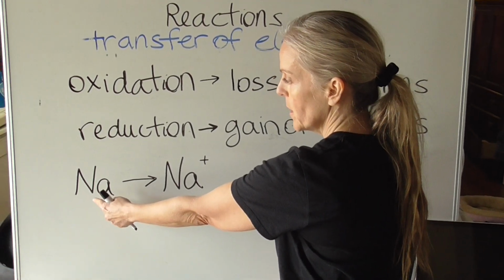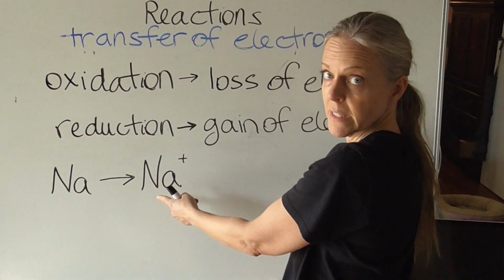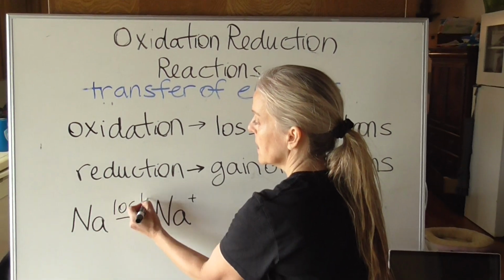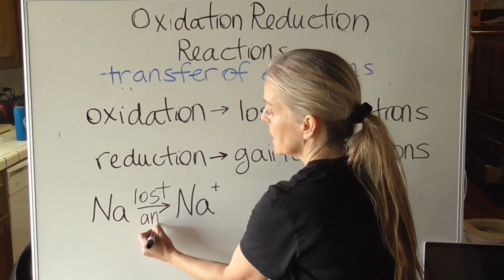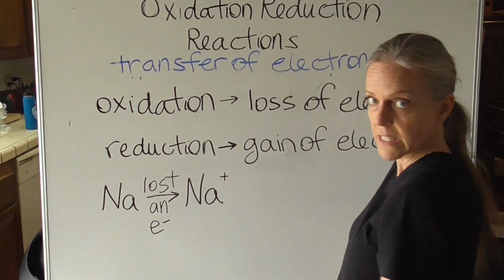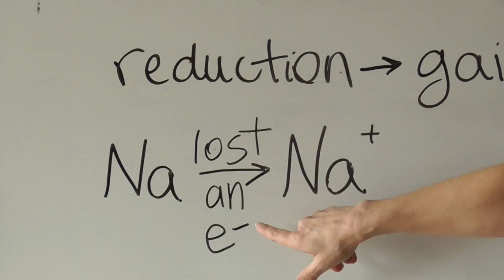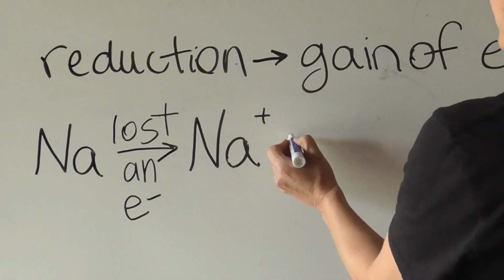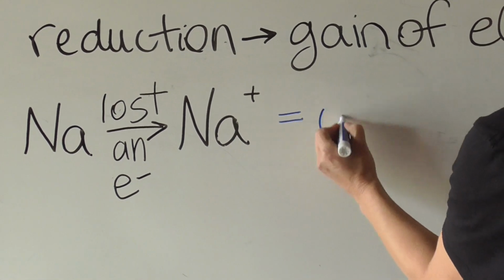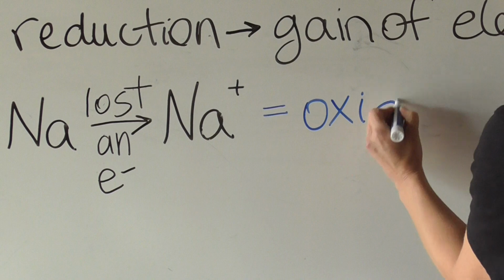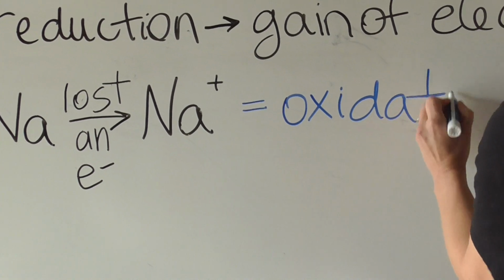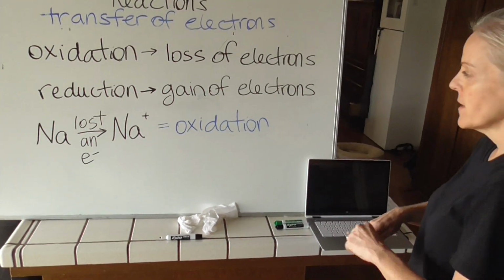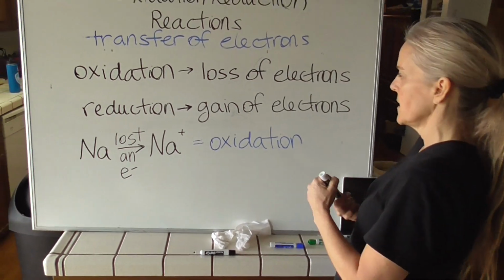So to go from the neutral sodium atom to Na+, it lost an electron. If it lost an electron, this process that happened here is an oxidation process.